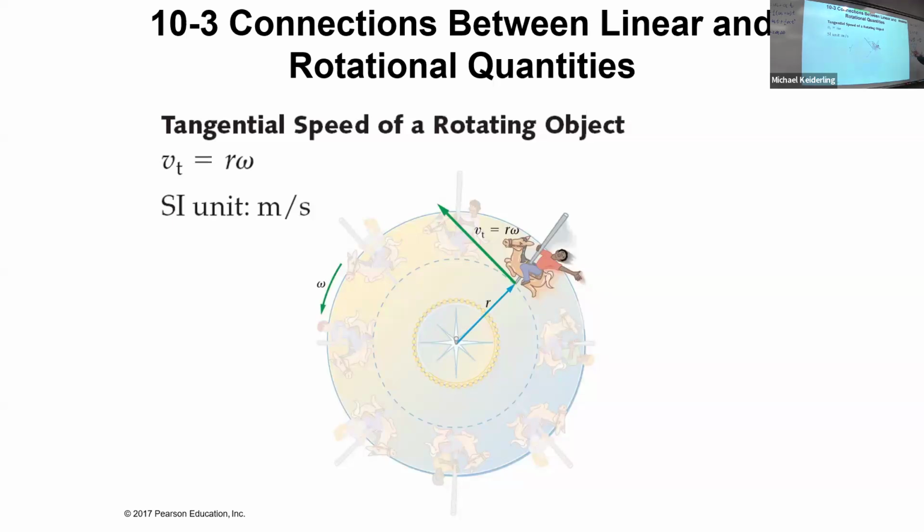So for example, tangential speed v tangential just equals radius times omega. And similarly, tangential acceleration equals radius times alpha, like arc length equals radius times theta.